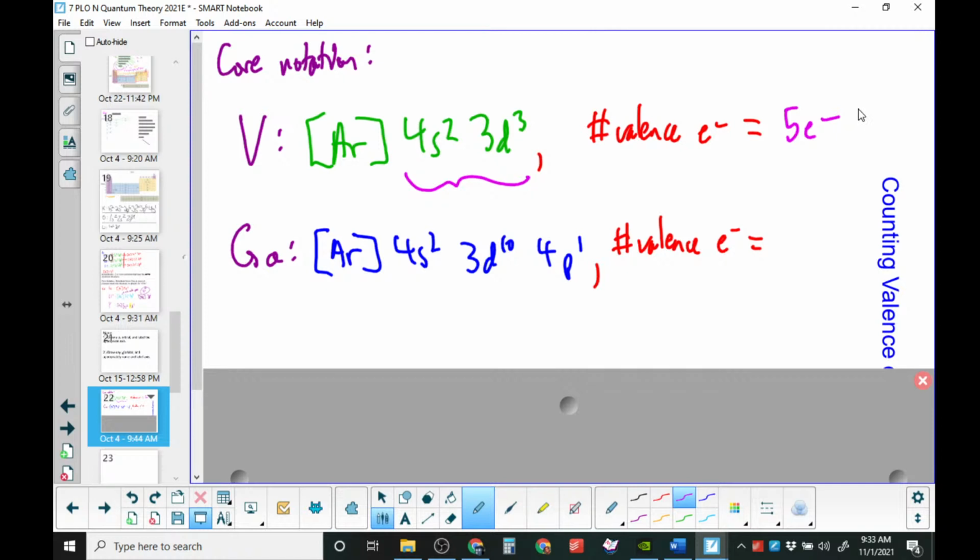And the next one, I will start off by saying it's a trick question. But if you remember how we counted valence last year, then this should give you a bit of a help. Samantha, how many valence electrons would you predict?